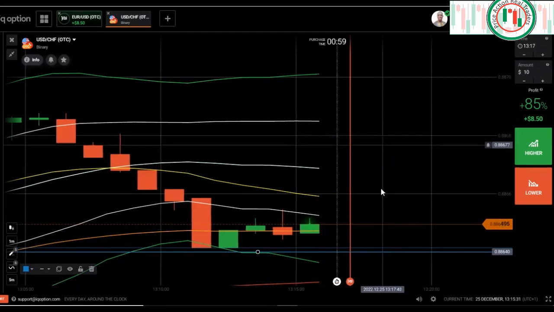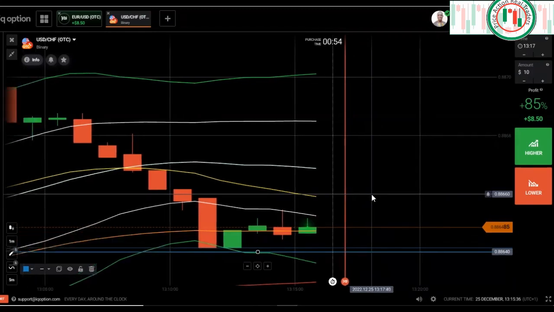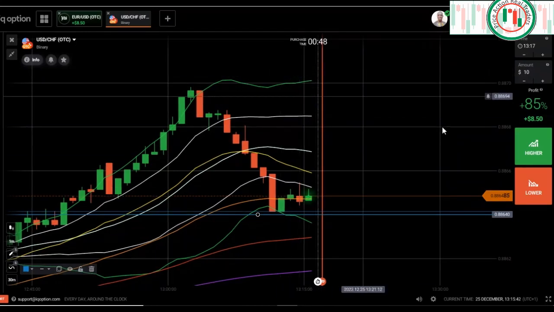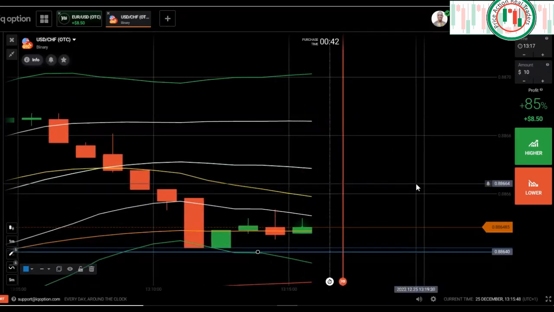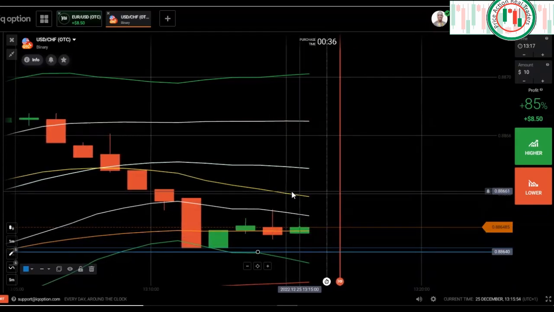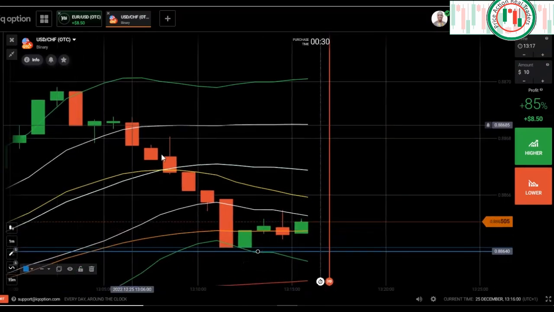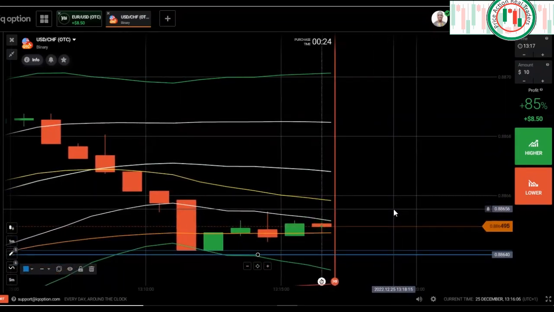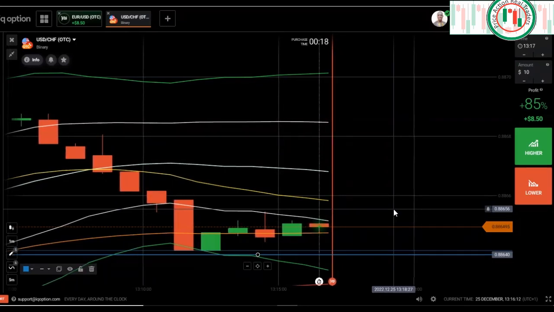So let's wait, because it's still not convincing. Maybe the market is trying to range to go higher again, because here is a consolidation area. You can see we are in a consolidation area between the 20 and 50 MA. But this is momentum.